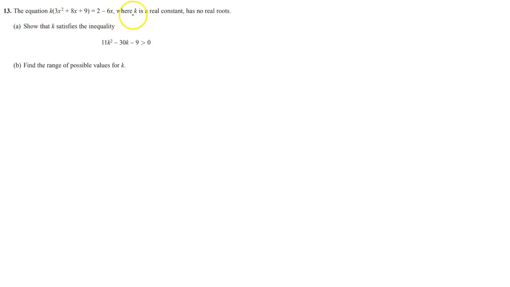The equation where k is a real constant has no real root. So we know all the conditions. No real roots means b square minus 4ac is greater than 0. So let's try to simplify this.